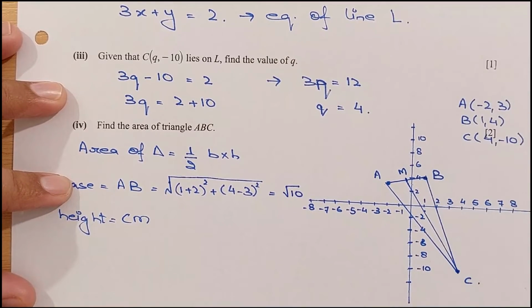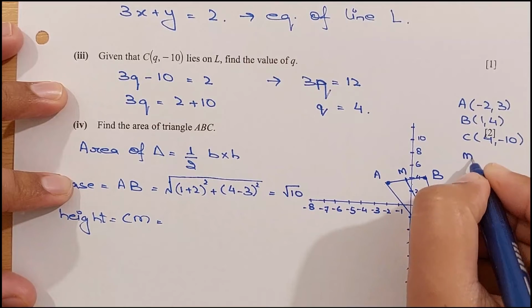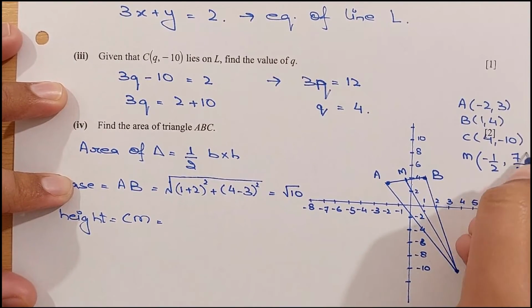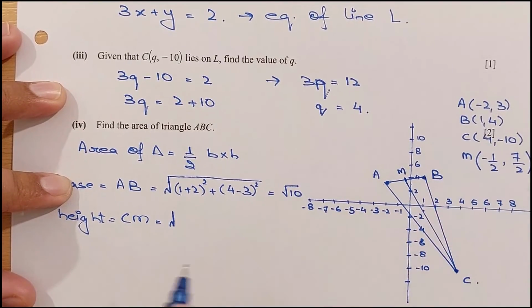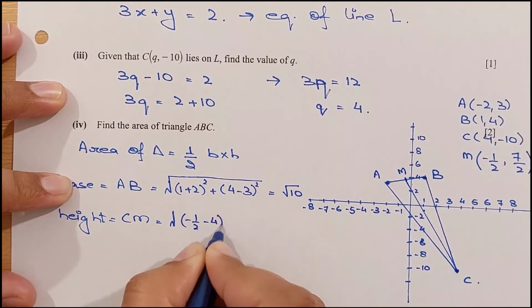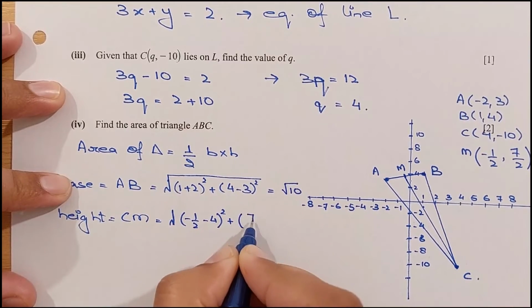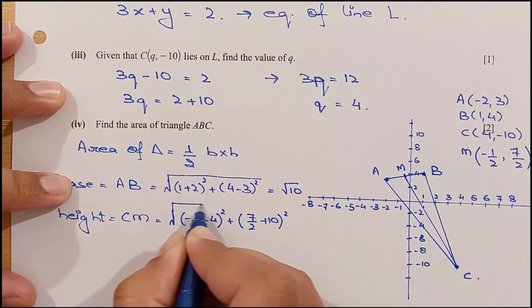And next, C to M. The coordinates of M are minus 1 by 2 and 7 by 2. So the square root of x2 minus x1 whole square: minus 1 by 2 minus 4, whole square, plus y2 minus y1 whole square, where y2 is 7 by 2 plus 10, whole square.